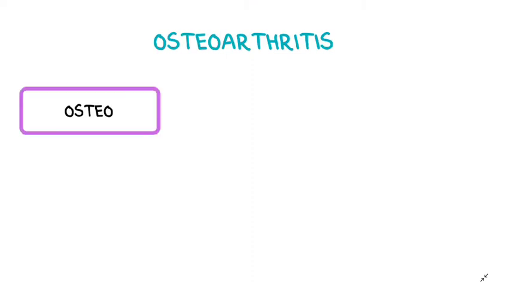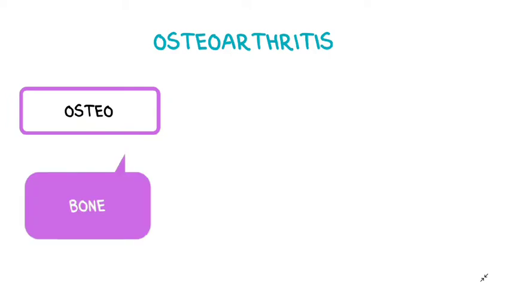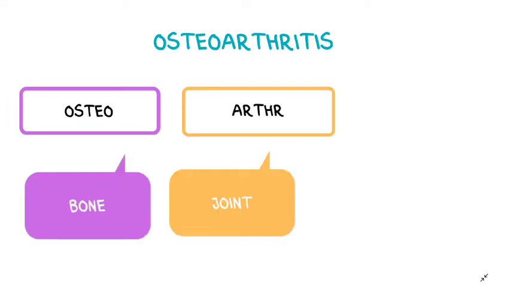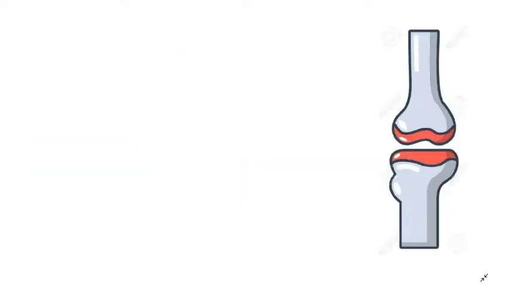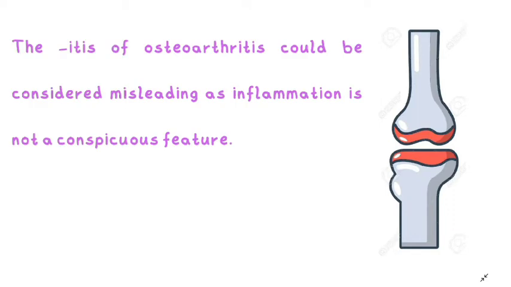Osteoarthritis. It is derived from the words osteo, which means bone, arth, which means joint, and itis, that means inflammation. The itis of osteoarthritis could be considered misleading as inflammation is not a conspicuous feature.